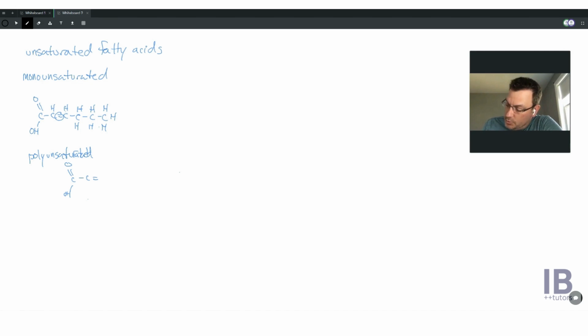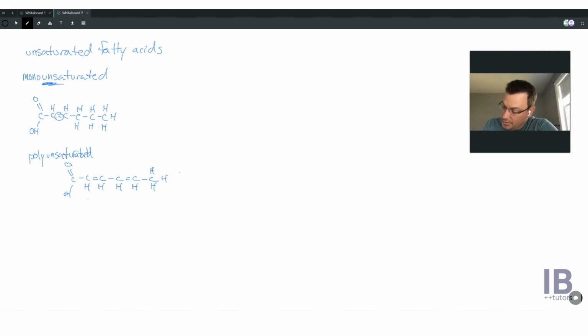Okay. So that's why it's unsaturated, because it's no longer saturated with hydrogen. If you do a polyunsaturated, then you've got this happening multiple times. So you have a lot less hydrogen.